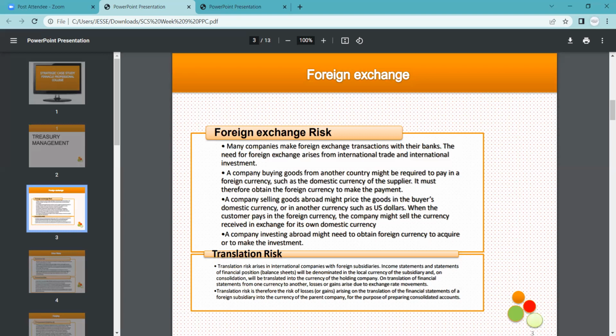Now, a company selling goods abroad might price the goods in the buyer's domestic currency or in another currency, such as US dollars, right? So any company that's selling goods abroad might decide to price the goods in the buyer's domestic currency or in another currency such as the US dollar.